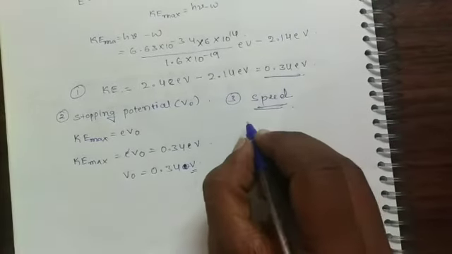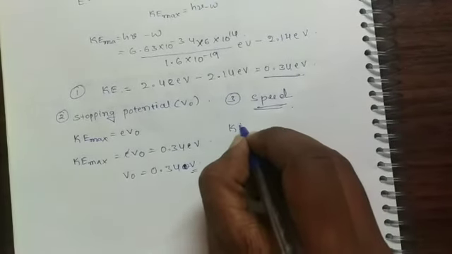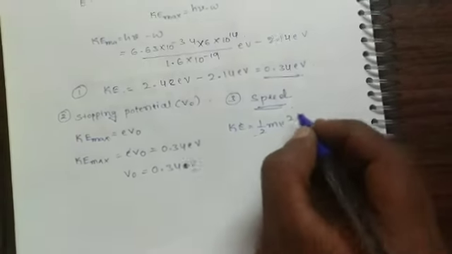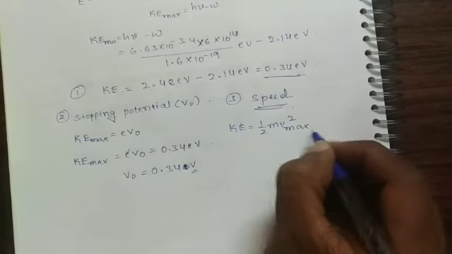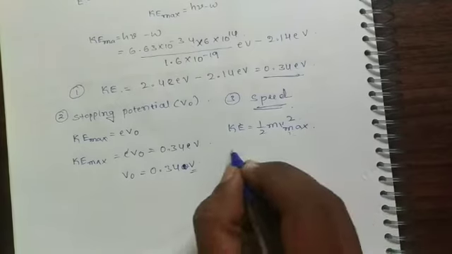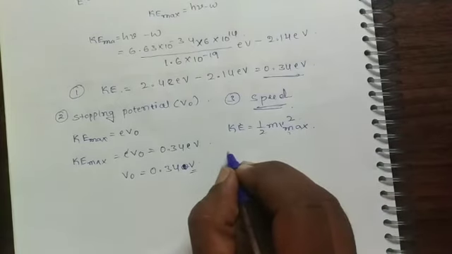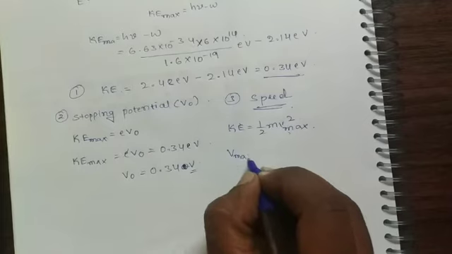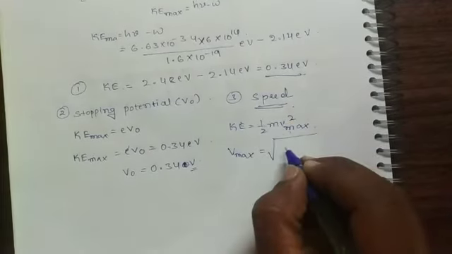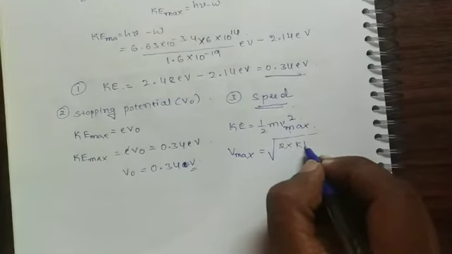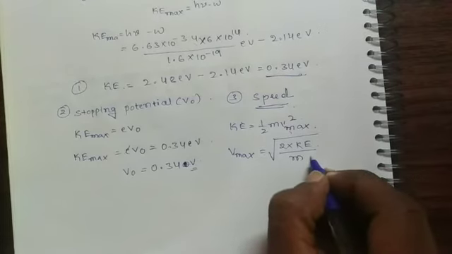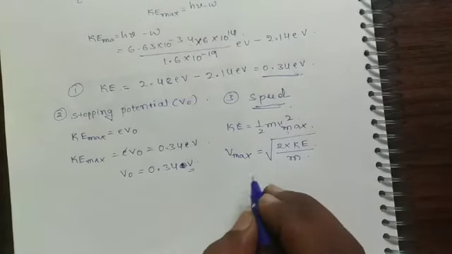Using the kinetic energy formula, kinetic energy is equal to half mv squared. Simplifying, the maximum velocity is equal to the root of 2 times kinetic energy divided by the mass of an electron.